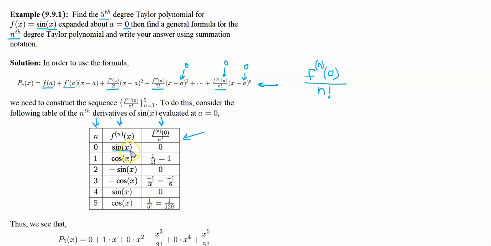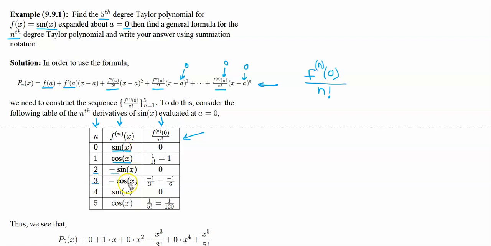So notice that the first derivative of sine is cosine. Then the second derivative of sine would be the first derivative of the cosine, and the derivative of cosine is negative sine. So here is the second derivative, when n is 2. Then the derivative of negative sine is going to be negative cosine, and this is the third derivative of the function we started with.